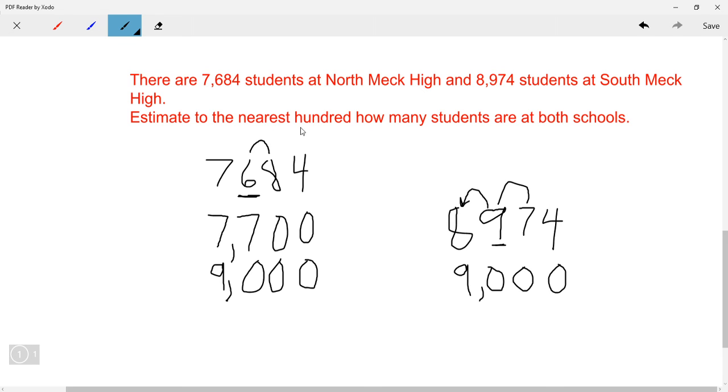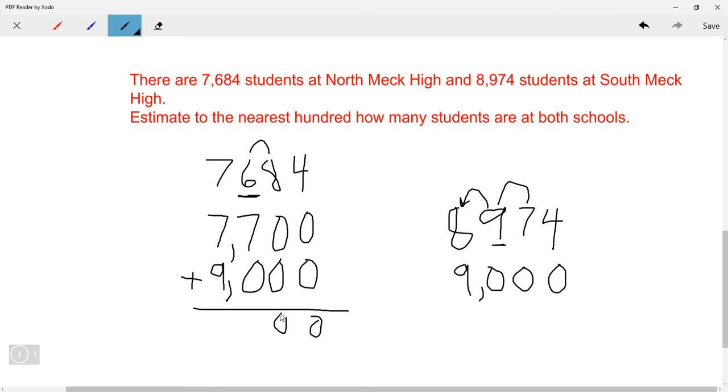So if I rounded to the nearest 10, it probably wouldn't help you all that much in actually adding these numbers, but your answer will be a lot closer to the actual answer than if you were rounding to the nearest 100. And this number, rounding to the nearest 100, is going to be closer to the answer than rounding to the nearest 1,000.